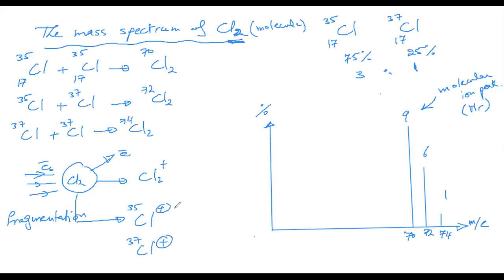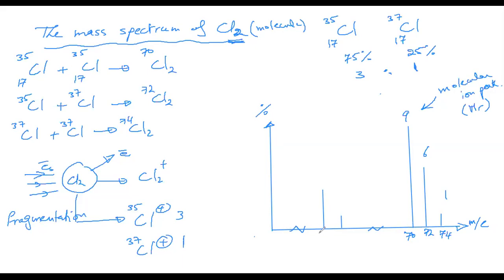Now we said that chlorine-35 is present in the ratio 3:1 to chlorine-37. So we get two other peaks, one at 35 and the other at 37. Of course, this graph is not continuous; these numbers are not continuous.